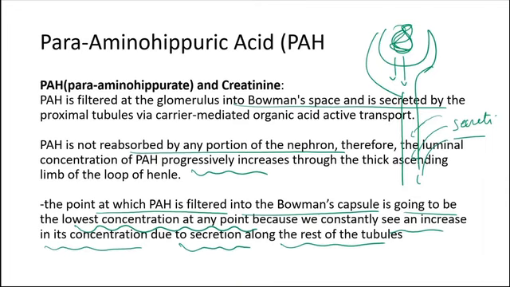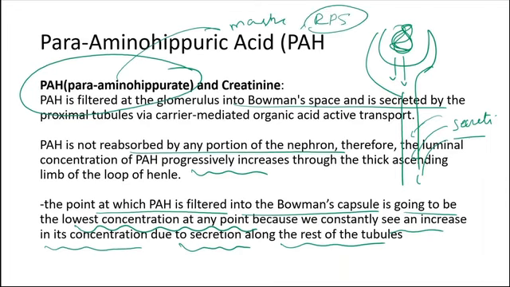And this is one of the reasons that para-aminohippuric acid can be used as a marker for renal plasma flow, because the blood is moving into the glomerulus and leaving, and initially the concentration is so low that it is only filtered at the lowest level, at the level of the glomerulus. So it can truly assess renal plasma flow right there.